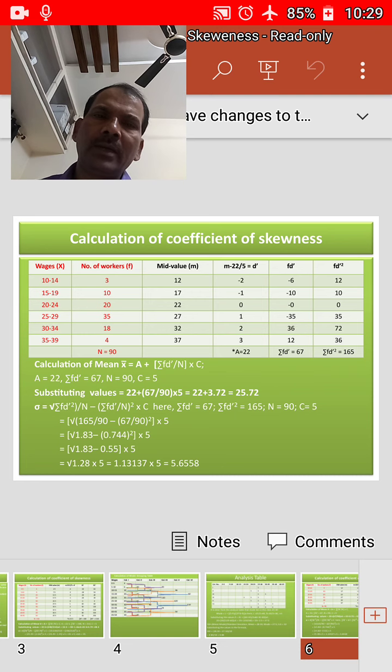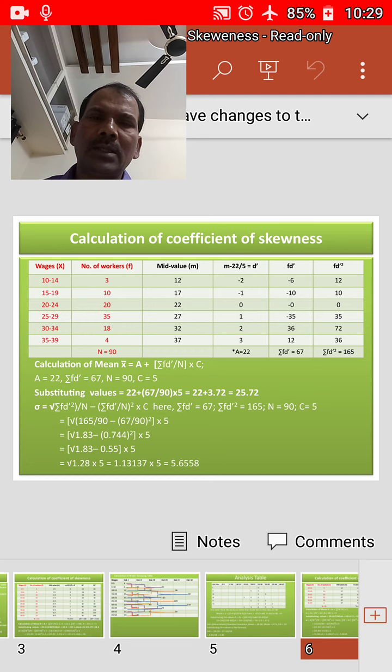find the deviations, m minus a by c, where m is the mid value, a is the assumed mean, and c is the common factor that we are taking for ease of calculation.